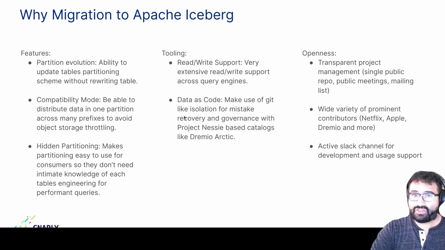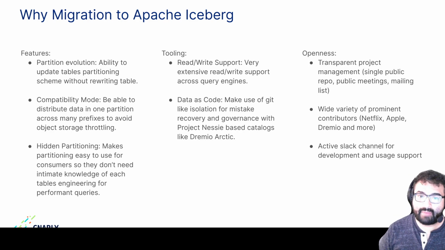But it's not just the features of the format itself, it's the tooling. A lot of companies are giving support to Apache Iceberg, whether their tools support reading Apache Iceberg files or writing them. So you have engines like Dremio, Apache Spark, Apache Flink, Presto, tools like Snowflake, Trino, all can work with Apache Iceberg tables.